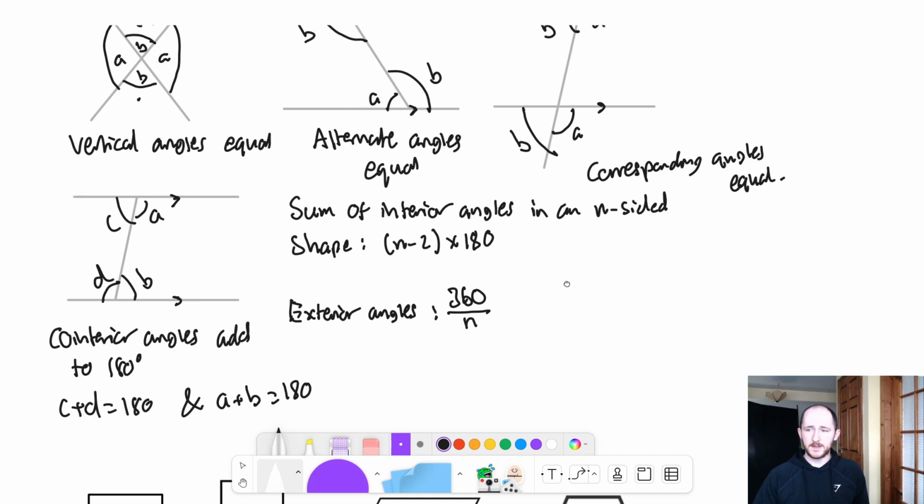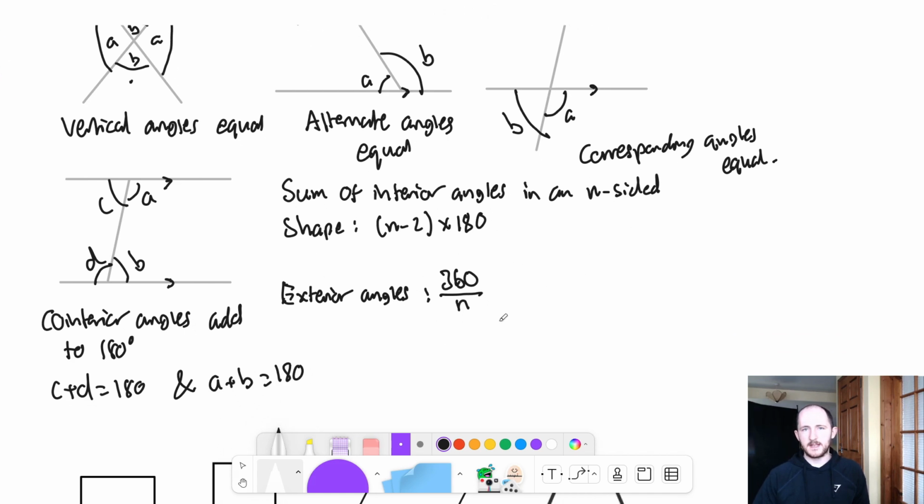These last two equations don't necessarily fit into a spec point, although you're expected to know them. So I thought I'd put them here because we're talking about angles. The sum of all the interior angles of an n-sided shape is just n minus 2 times 180. Super useful formula. Some people try and memorize what the angles add up to in a 5-sided shape, a 7-sided shape, an 8-sided shape.